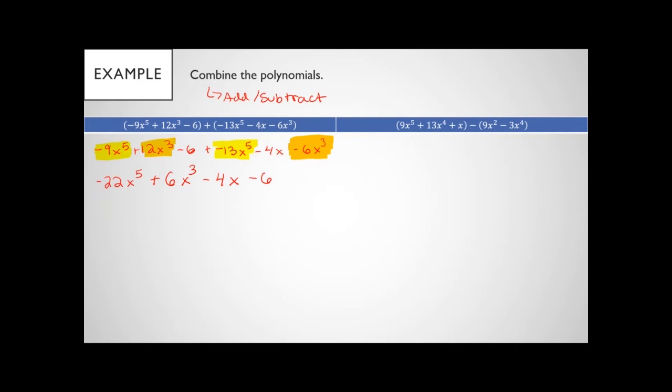So once you've combined everything together, now we have a polynomial, and we have done what we were asked. We combined the polynomials together. Here we have 4 terms. This doesn't have a special name, and it's a degree 5 because 5 is the highest exponent.